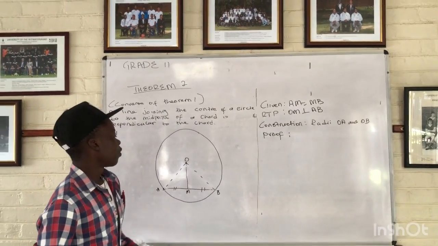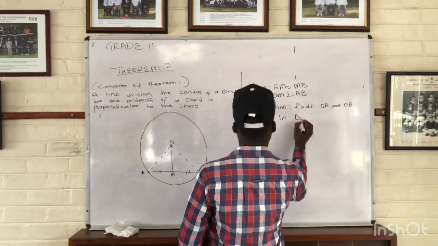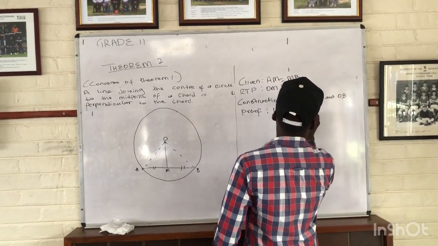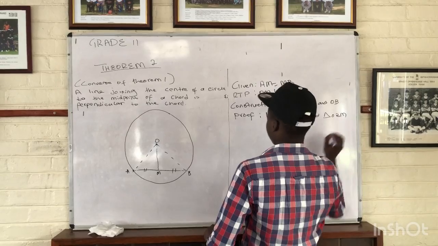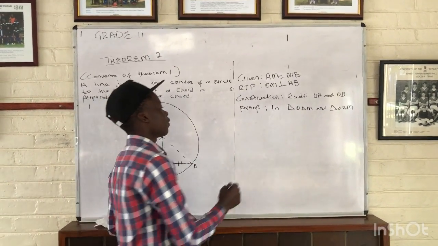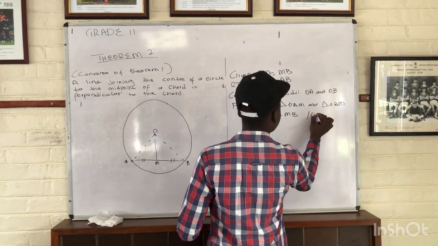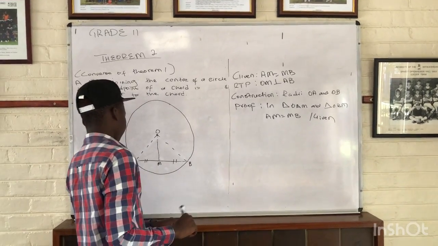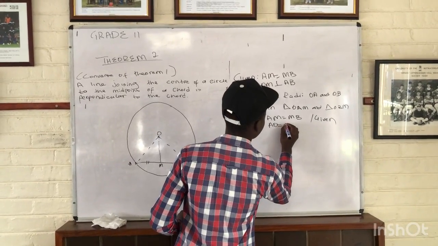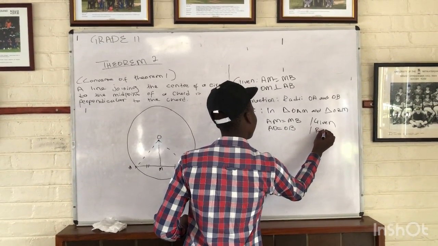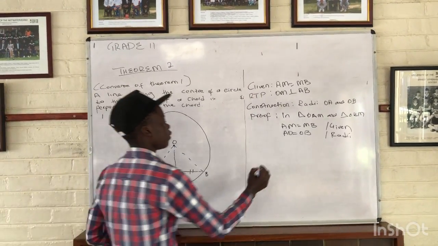Therefore, we're going to start with our proof. In this proof, we're going to prove in triangle OAM and triangle OBM. We're given that AM equals MB, it's given, and AO equals OB, radii. And after that, OM is common.